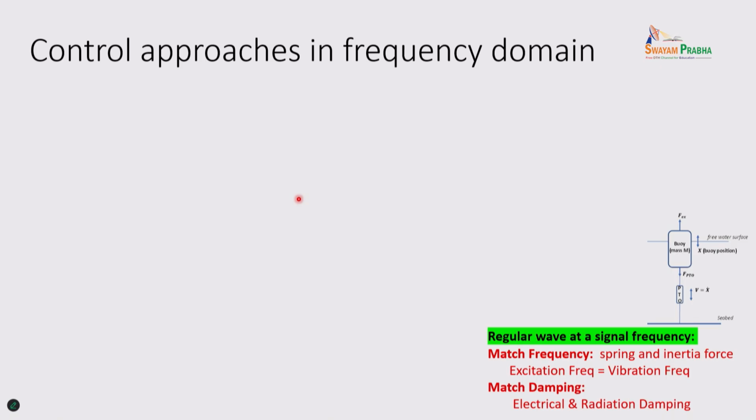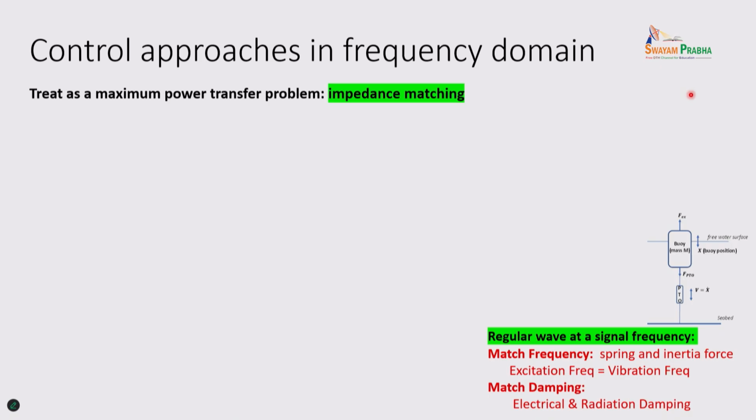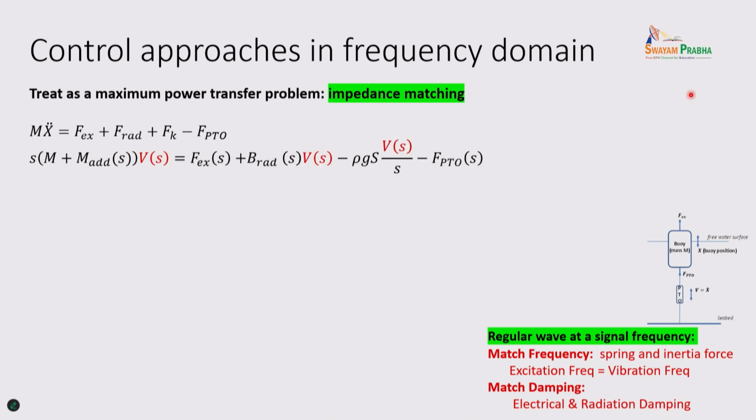Let us say we look at such a system from a control perspective. We talked about impedance, and you have this dynamics equation here. From this dynamic equation, you write it in the frequency domain. That is your physical mass, and this is your added mass.